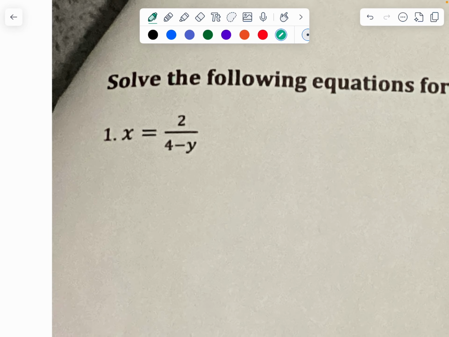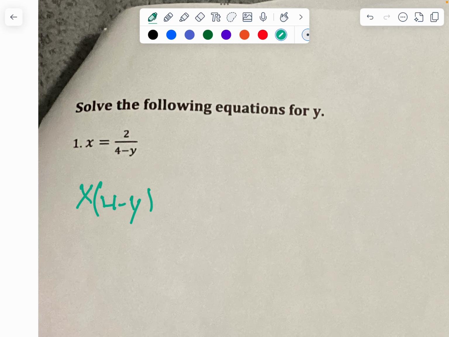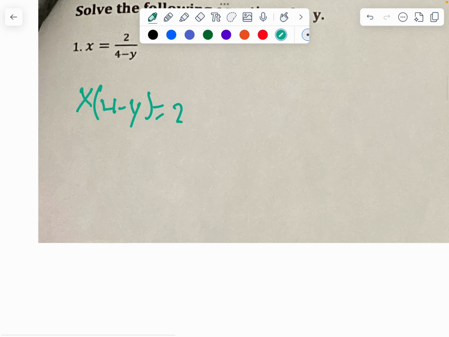Alright, solve the thing for y. First, you're going to multiply by 4 minus y. It's going to be x times (4 − y) equals 2. Divide by x.